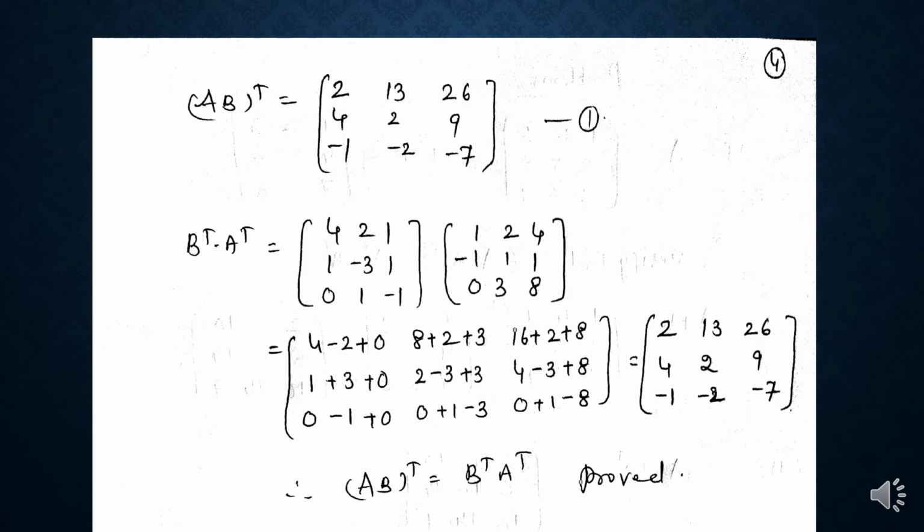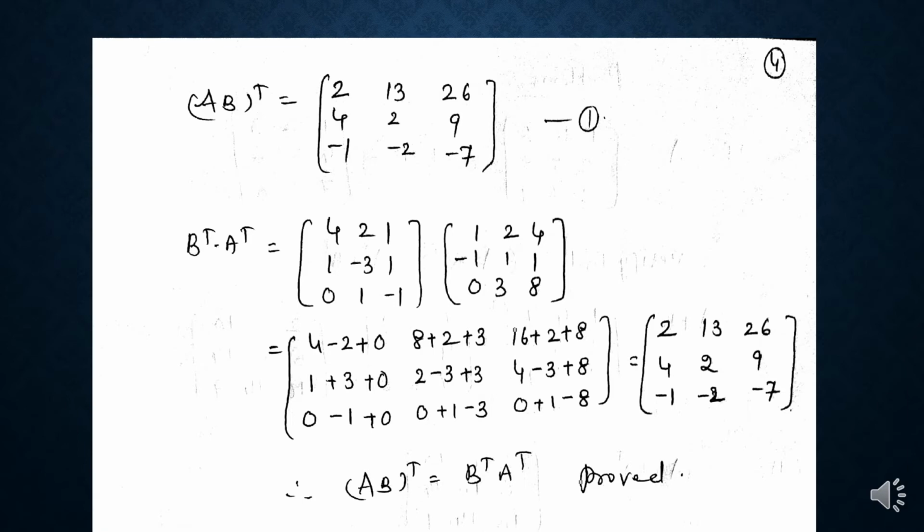Now take the second row. 1 into 1 is 1, minus 3 into minus 1 is plus 3, plus 1 into 0 is 0. Now second row into second column: 1 into 2 is 2, minus 3 into 1 is minus 3, plus 1 into 3 is 3.